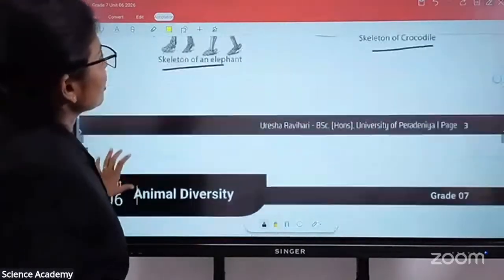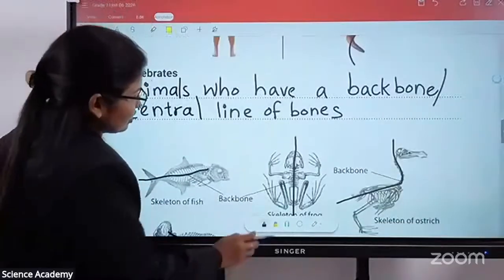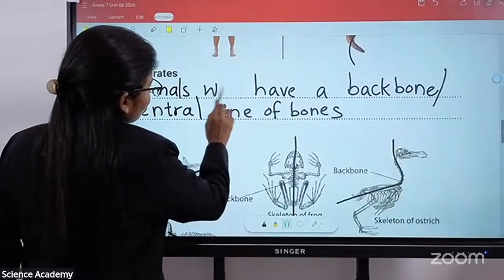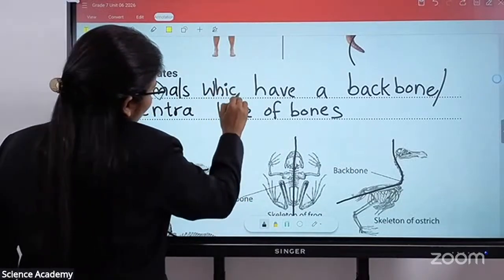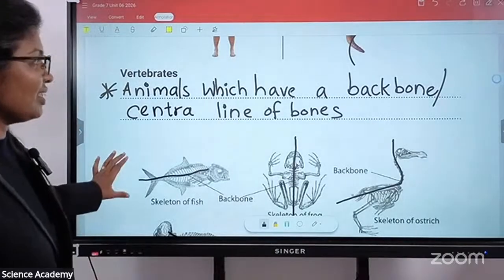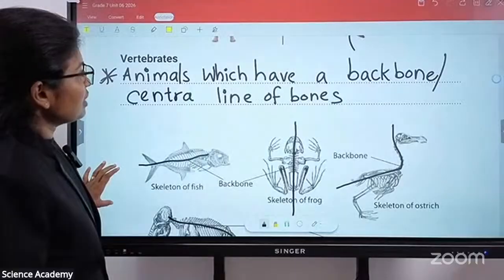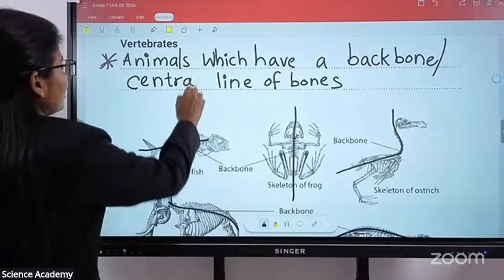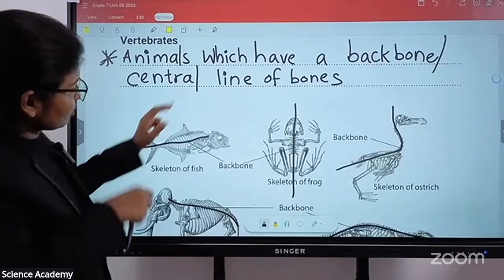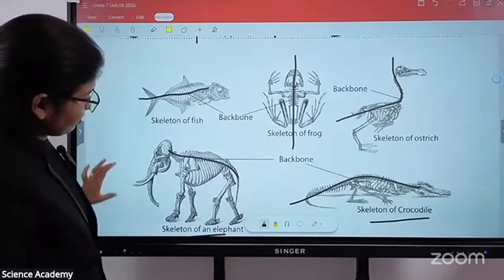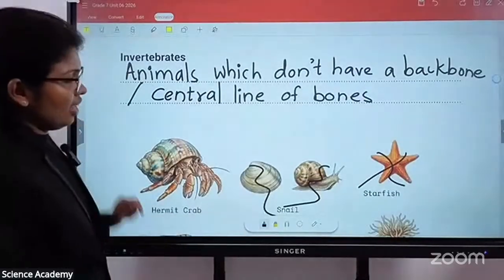Children, don't say "who" here. It's not "who", it's "which", a relative clause. Here, vertebrates: animals which have a backbone, a central line of bones.